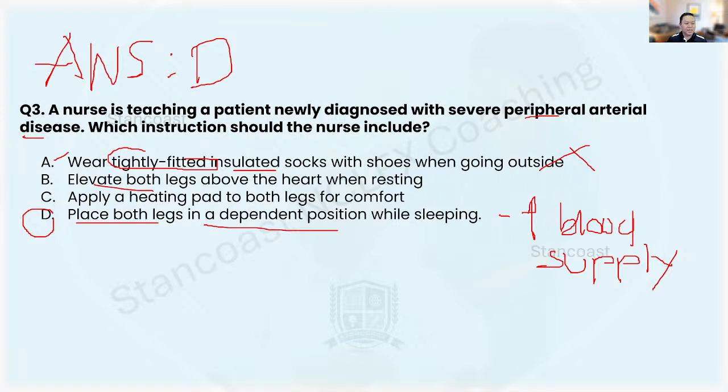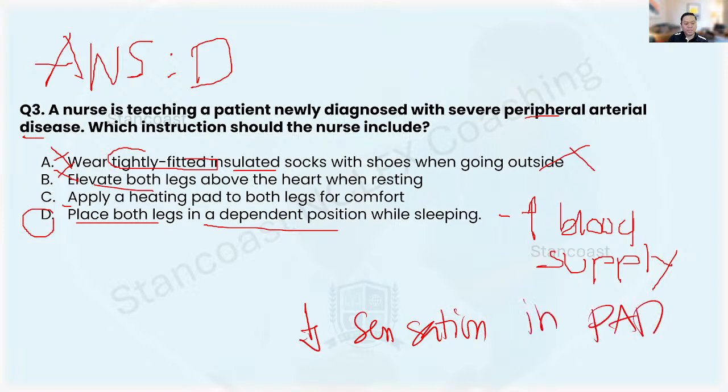Now, when we are talking about letter C, this is wrong. Letter C, apply a heating pad to both legs for comfort. What did I say earlier about peripheral arterial disease? There is decreased sensation in PAD.